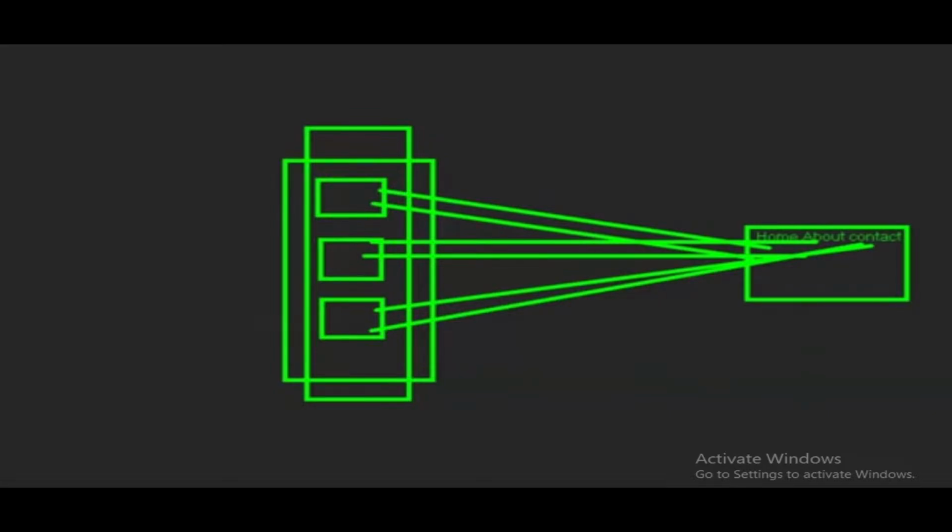When the user sends the first request, that entire object is loaded into the browser and stored in the browser cache memory. There we have all these pages: home, about us, contact us, like that.